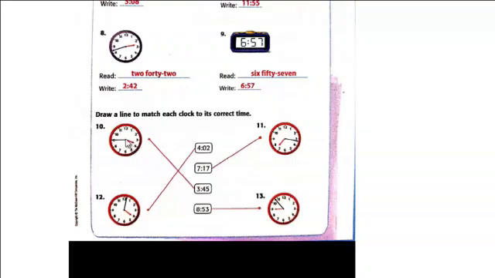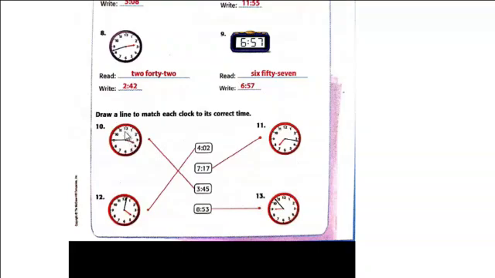So right here at hour 3. And the long hand here was at... from 12 to 1 there are 5 minutes. From 12 to 2 there are 10 minutes. From 12 to 3 there are 15 minutes. From 12 to 4 there are 20 minutes.